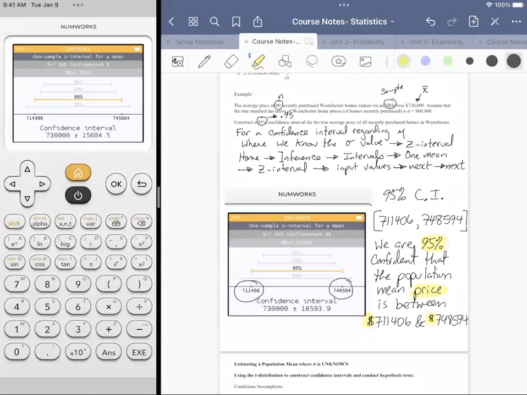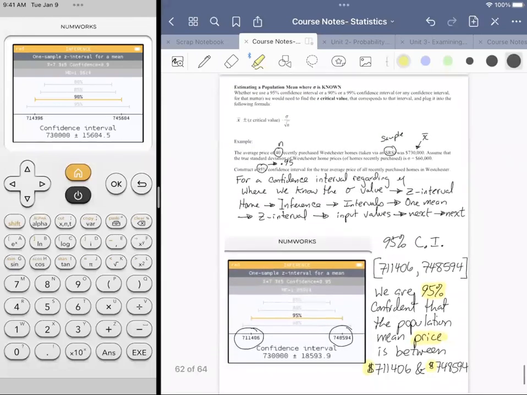Right? So all the magic is happening behind the scenes, which is great. It's great and it's frustrating, right? Great because it's very user friendly. It spits out the answer. Frustrating because at this point we don't really truly understand what we're looking at until you really start thinking about sampling, pulling samples of a variety of sizes, and seeing what sort of intervals might emerge from each individual sample, right?